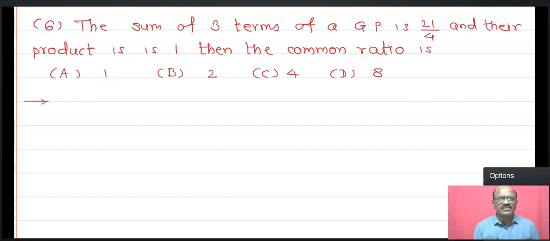By using this, that is a upon r plus a plus ar is equal to 21 upon 4 and their product, that is a upon r into a into ar, is equal to 1, and by using this we can find out the answer. Now see this.